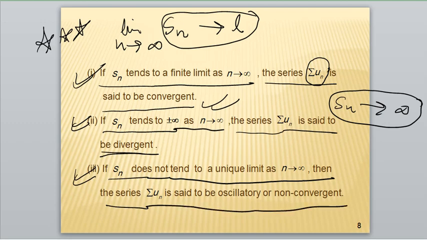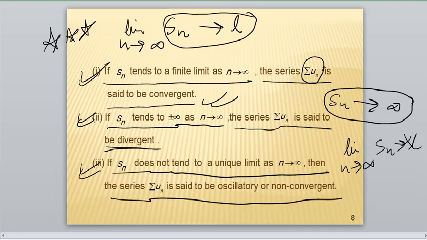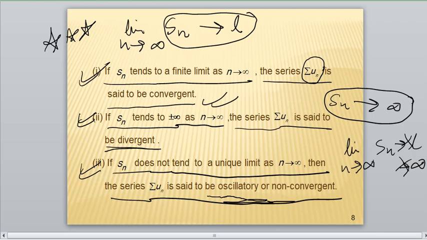So if you write limit n tends to infinity Sn, it's not tending to some limit L, that's wrong, and it is also not tending to infinity, that's wrong. So if it is not tending to both of them, then it is oscillatory, it's oscillating, or it is non-convergent.